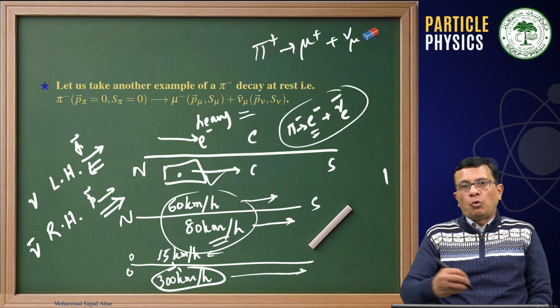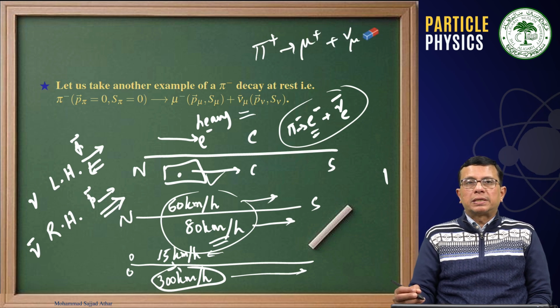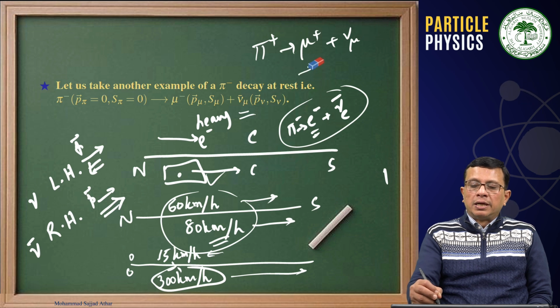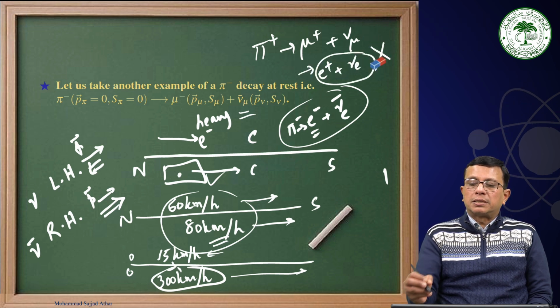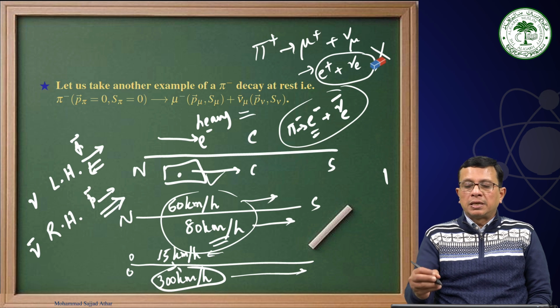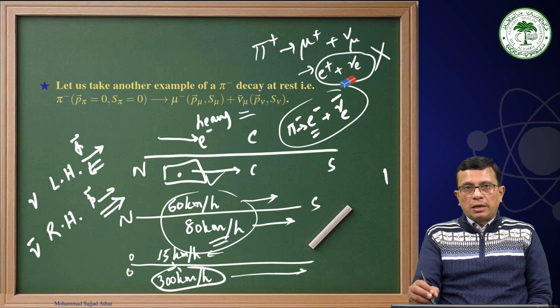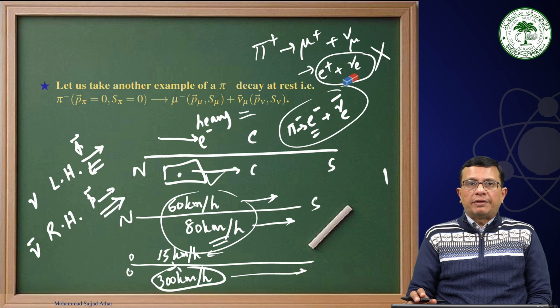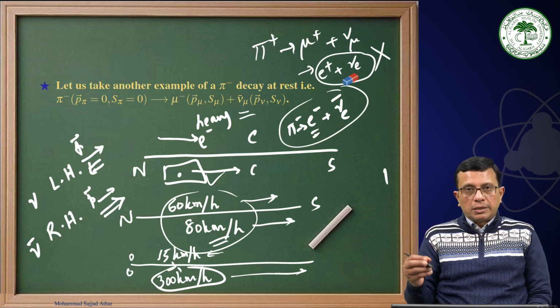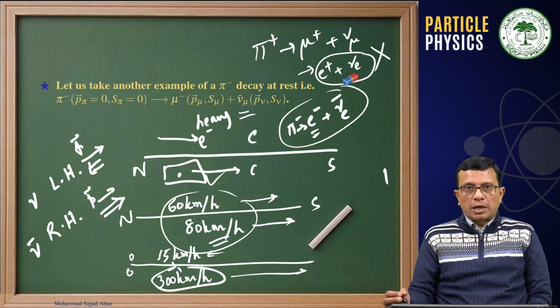Therefore, pi plus all the time decays to mu plus and nu mu, rather than decaying into e plus plus nu e, as phase space consideration would suggest. Phase space means the available momentum states in the final state. If the particle is less massive, then you have more momentum states available. Therefore, the chances of decay should be higher, but in general it does not happen.